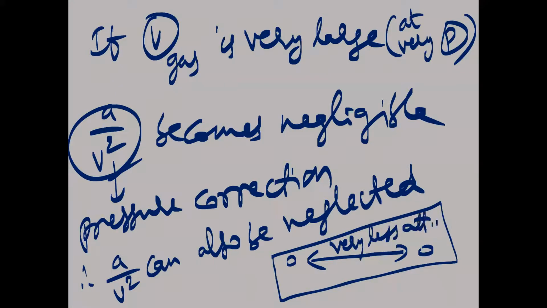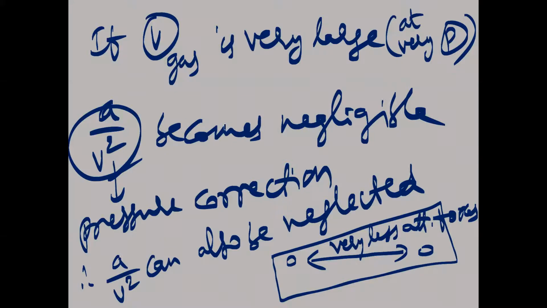When attractive forces are very less, this A value will be very less, as attractive force between gas molecules is given by A. A is in the numerator. So the attractive force A is less and V is large.